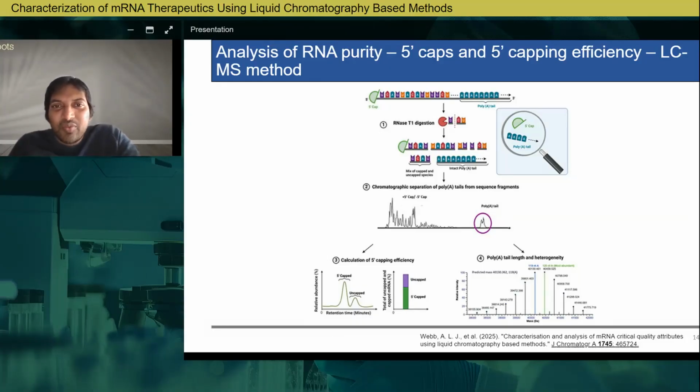One way to understand this is how many of your 5' caps there are compared to the uncapped regions, and then you get an efficiency of capping. Or you collect everything, go for LCMS, where you understand the mass-to-charge ratio, and identify each nucleotide from there.